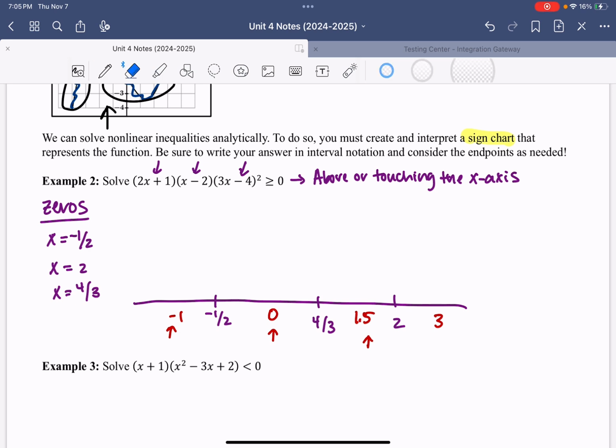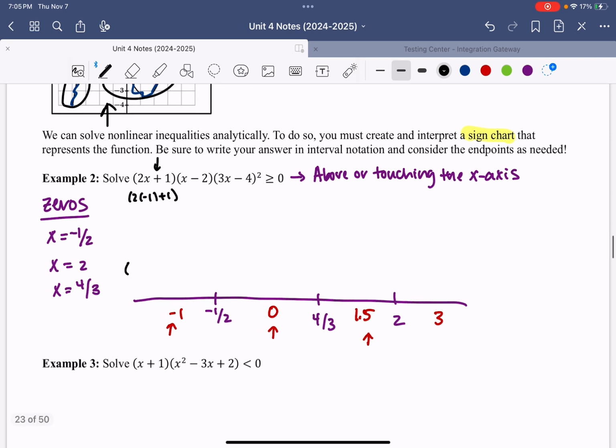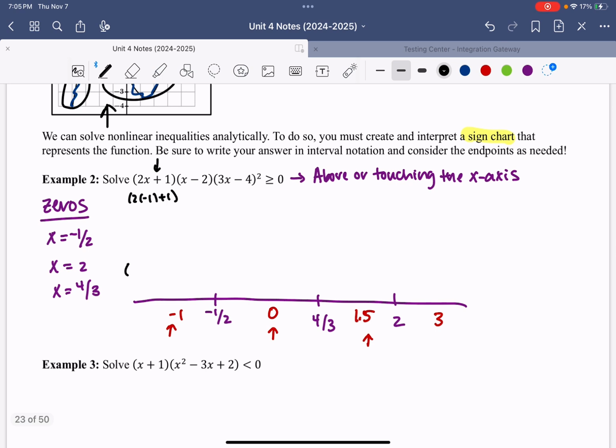So plugging it in to my first factor, I would have 2 times -1 plus 1. 2 times -1 is -2, and -2 plus 1 is still going to be negative, so I'm going to put a negative here. Now plugging it in for my next one, I would have -1 minus 2, which is -3, so that would be a negative number. Plugging it in for my next one, I would have 3 times -1 minus 4.